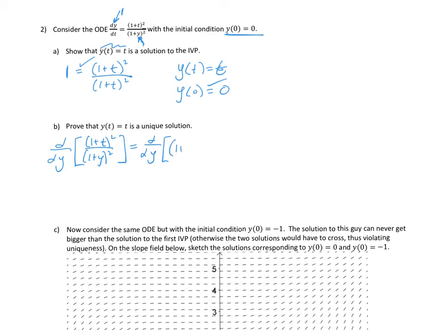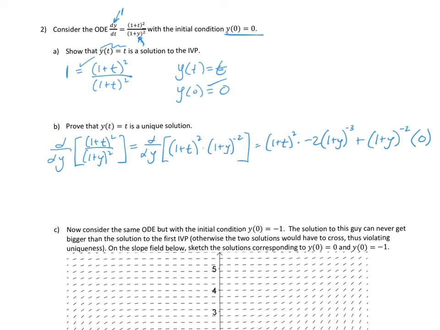So this is going to become (1 plus t squared) times (1 plus y) to the negative 2. And then I'll have to use the product rule on this. So first is 1 plus t squared times the derivative of the second, that would be negative 2 times (1 plus y) to the negative 3, plus the second, (1 plus y) to the negative 2, times the derivative of the first, and the first has no y's in it, so its derivative is 0.